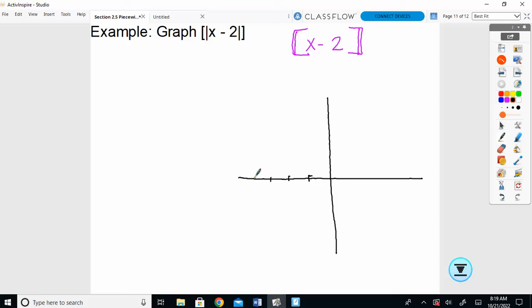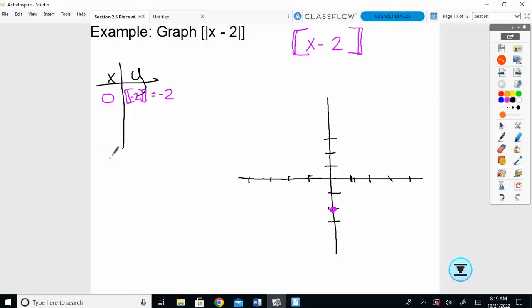Let's figure out what this looks like. So just start with our t-chart. If we plug in a 0, then we would have the greatest integer of 0 minus 2, which is negative 2. What is the greatest integer of negative 2? So 0 gives me out negative 2.